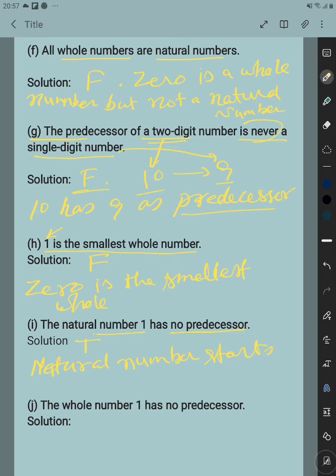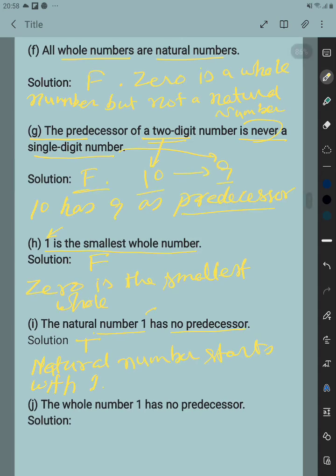Another way of writing this question is: the predecessor of 1 is 0, which is not a natural number. So you can write it like this also.